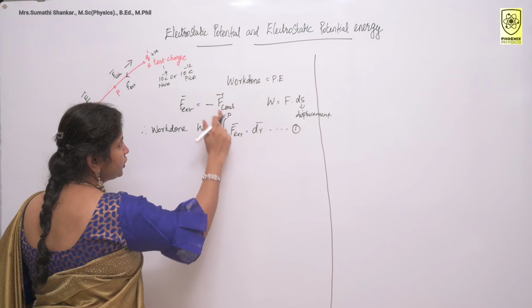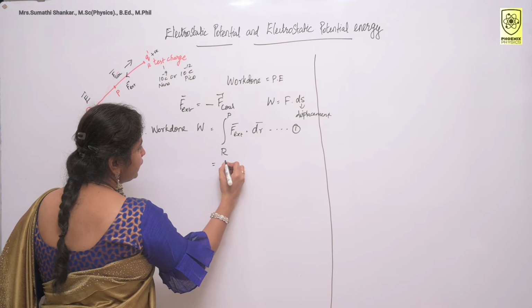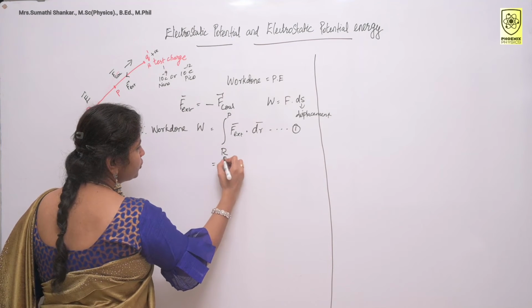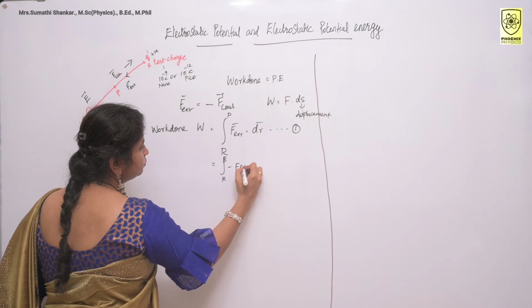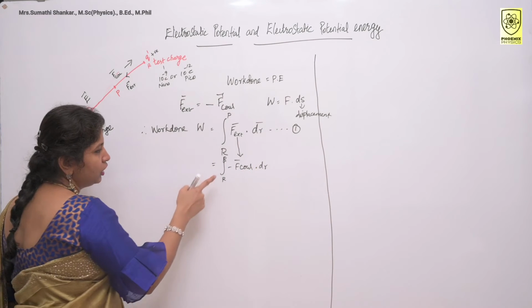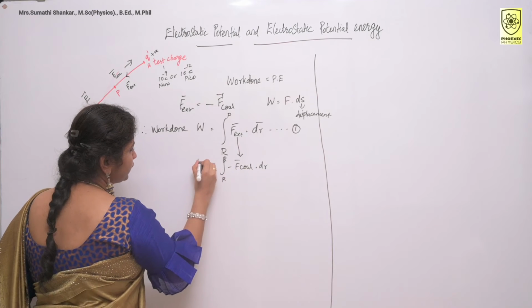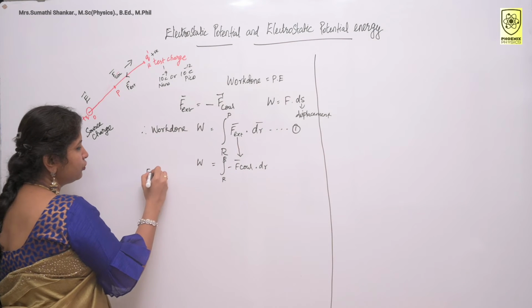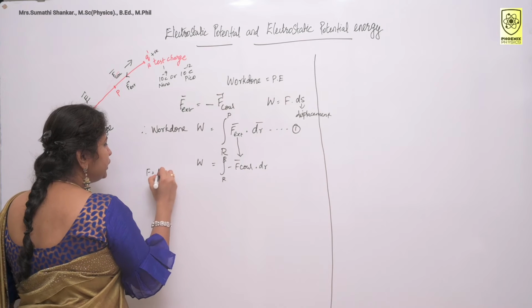Instead of F external you write like this: integral from R to P of minus F Coulomb dot dr, that is equal to the work done. You know that the Coulomb force, the electrostatic force, is equal to EQ.